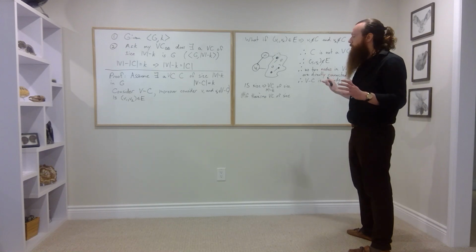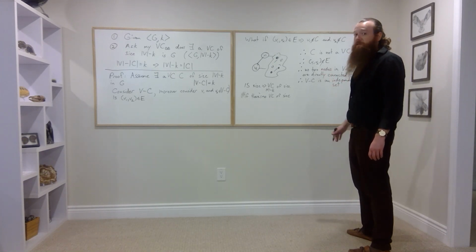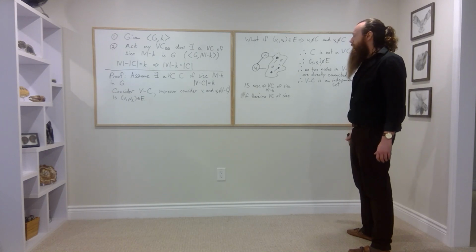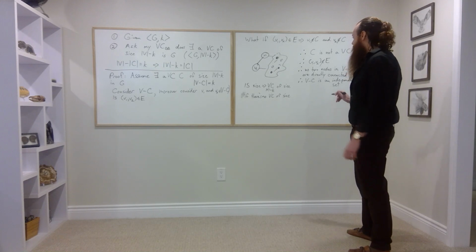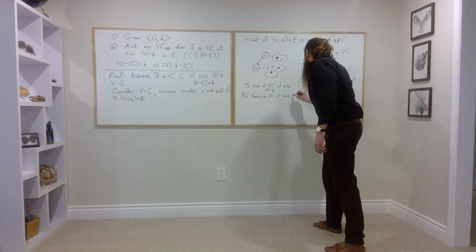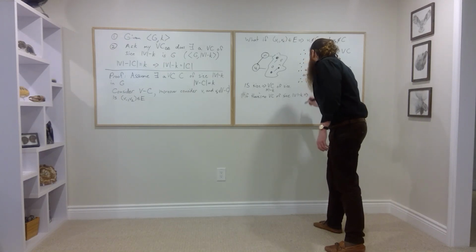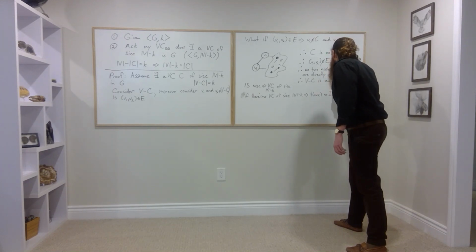I'm going to make tons of grammar errors, tons of spelling errors on these things. Based on spelling, I certainly should not have a PhD, but that's not the way the world works, so too bad. If there's no vertex cover of size V minus k, this implies there's no independent set of size k.